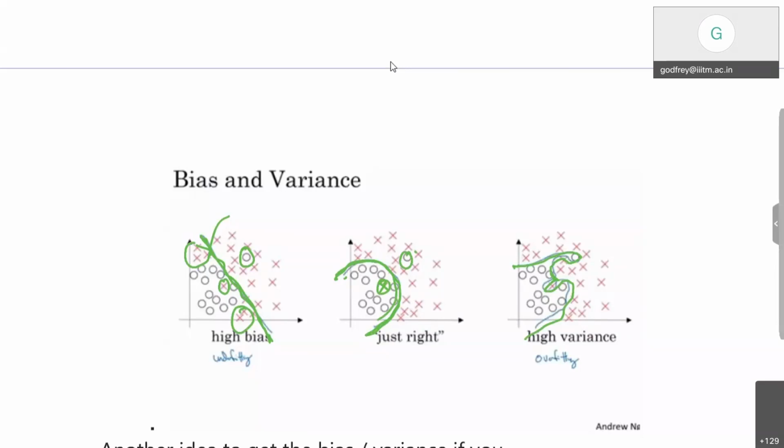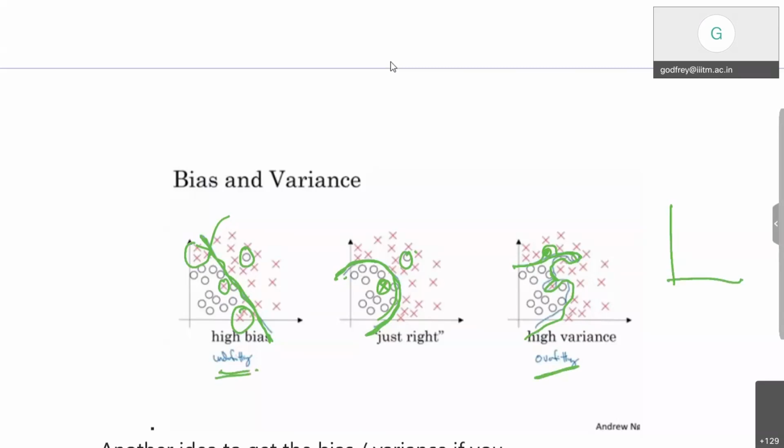Say, for instance, if you have another set of data from the same distribution, next time it will learn it differently. So it means that it has high variance and it overfits the data.